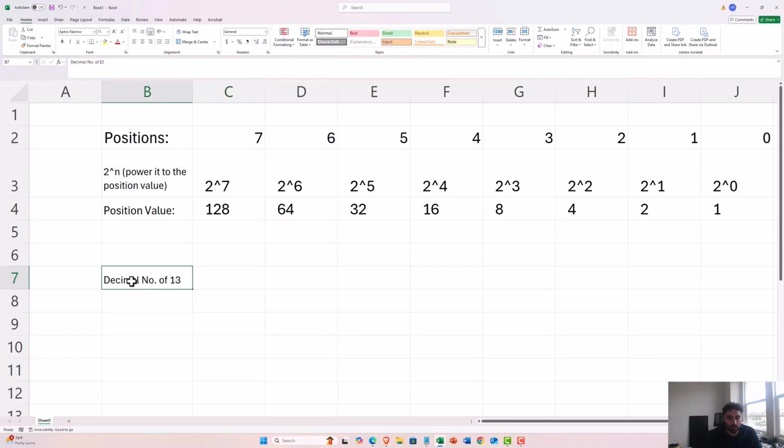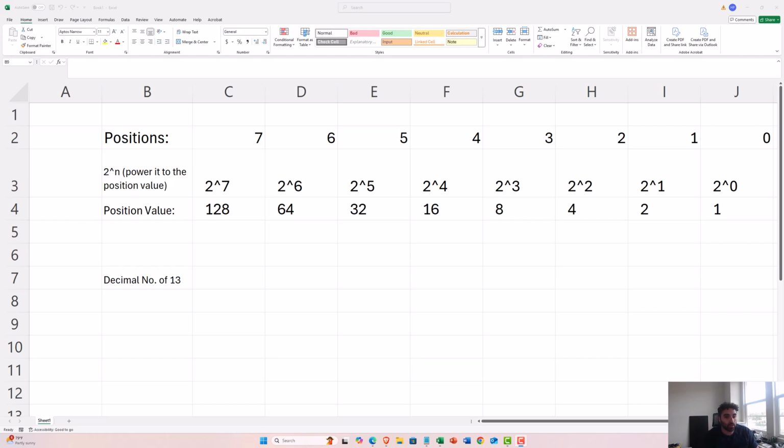If we want to convert the number 13, or any number specifically, there's a process of steps. So the first step is identify the position it for sure cannot be in.